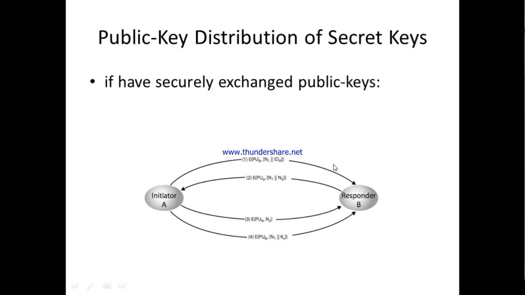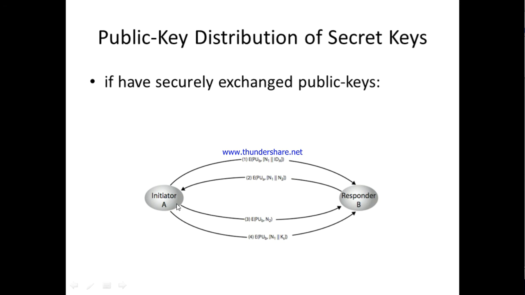That means only the recipient can read it. Along with some nonce N1 it is sending, and B gives the acknowledgement, encrypted with the public key of A. That means only A can decrypt this message. So only B can receive the first message, and only A can receive the reply.